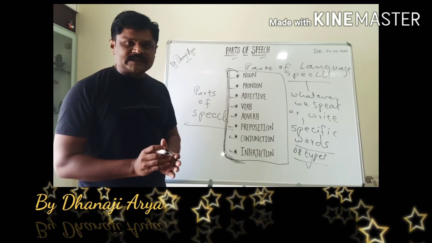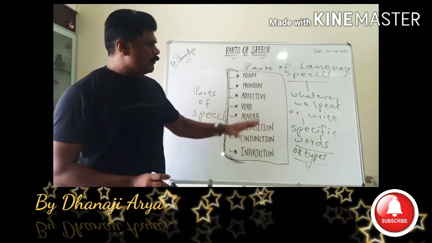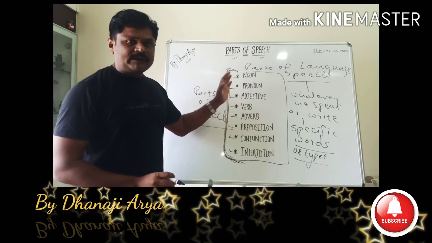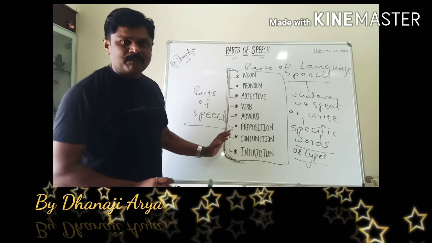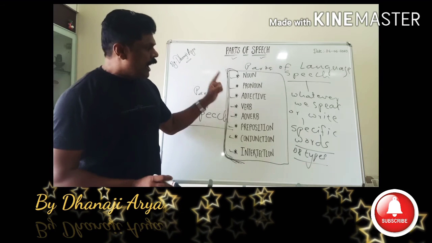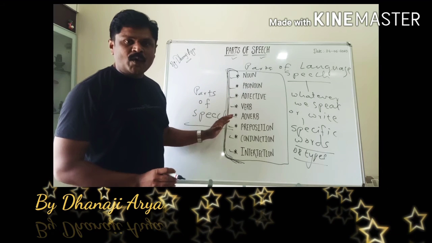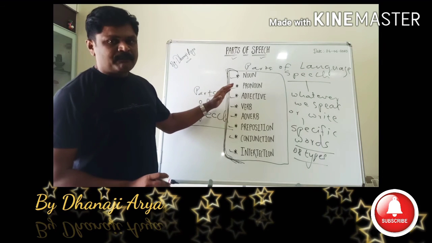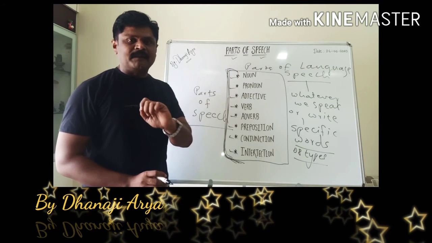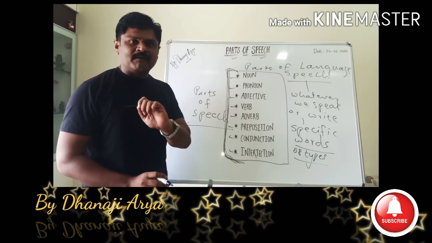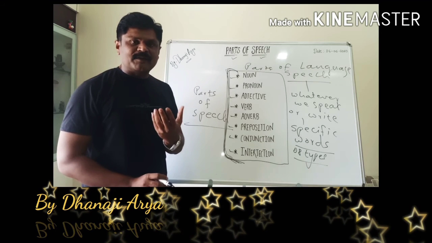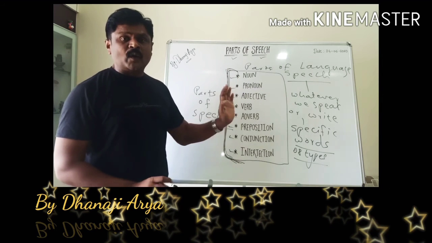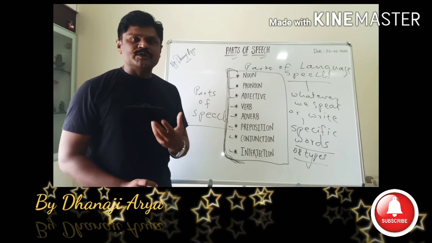So we should identify what is the role of each type of word in the language. Every type of word has a specific role, and that role we should know, that role we should learn.